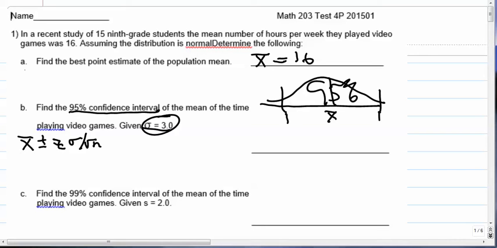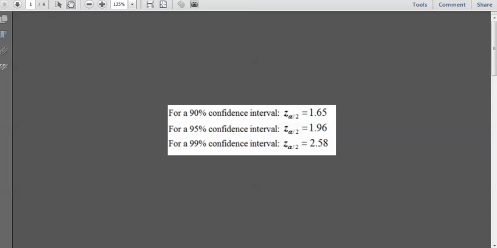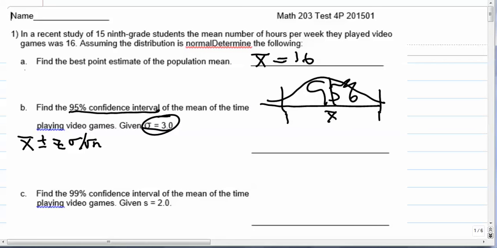Now, if you go to your z-table, there it is. You have this little chart. For a 95% confidence interval, z is taken to be 1.96. So, in this problem, we know that z is equal to 1.96.